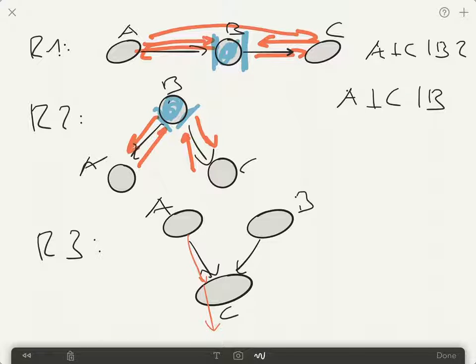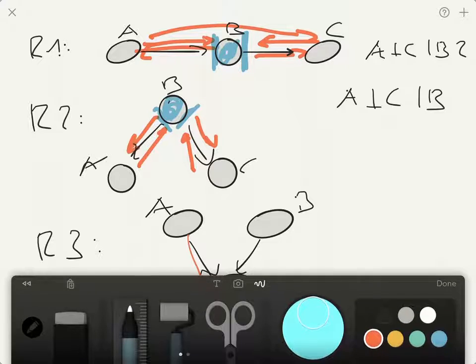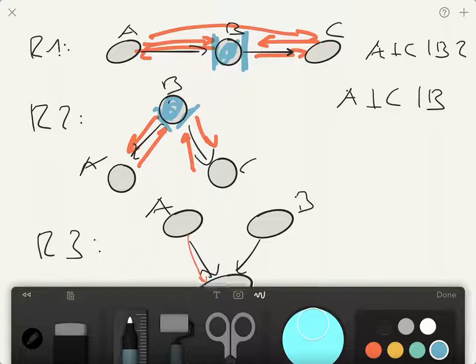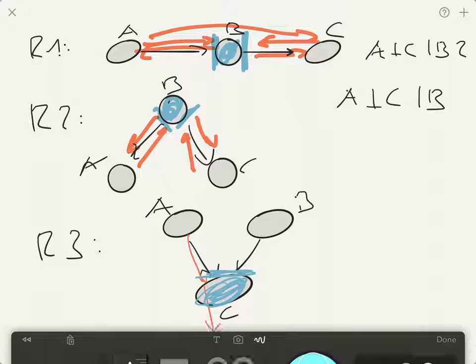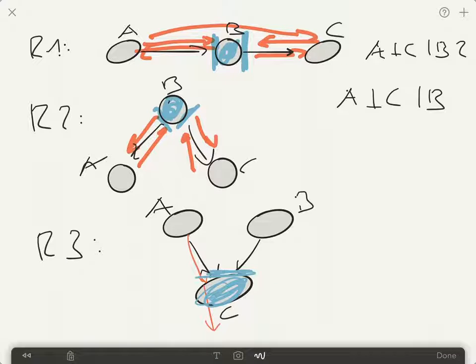So A and B are independent given nothing, but if we observe C, we imagine again here some wall, and it does not bounce back to A, but it bounces back to B, and B bounces back to A.